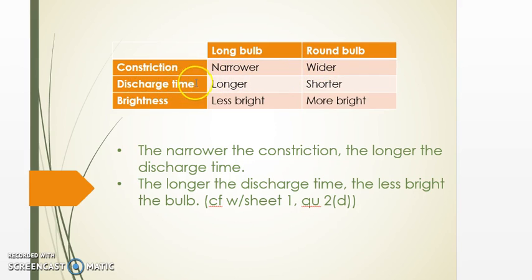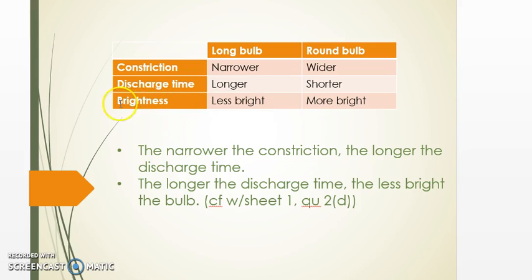It's a fairly intuitive leap then to conclude that the discharge is going to take longer when going through the long bulb. It will take longer for the charges to flow through the long bulb. That's quite reasonable, and I think the students will accept that.